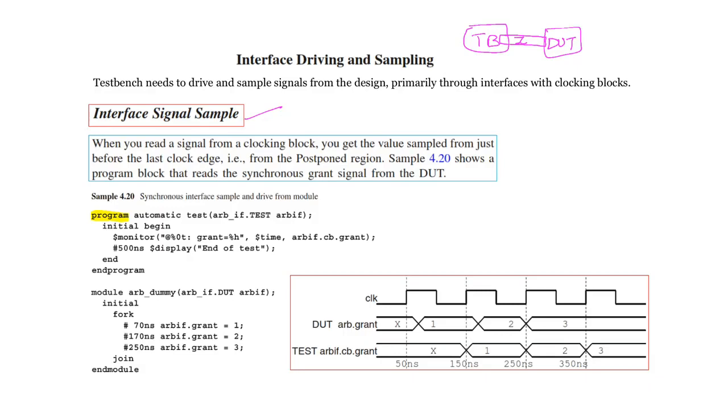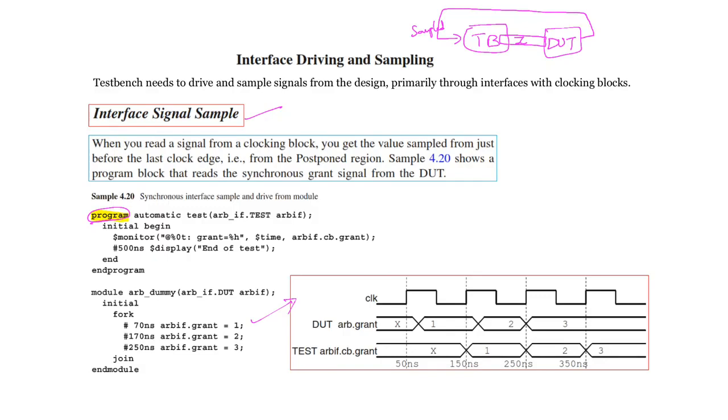So here the discussion is a signal from the output of DUT to be sampled at the input of the test bench, that means the program block. We know that whenever you use a program block, first the statements in the design DUT are executed in the active region and observed region, then the statements in the program blocks are executed in the reactive region.